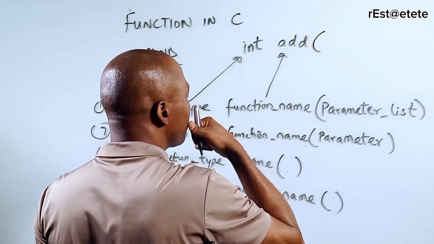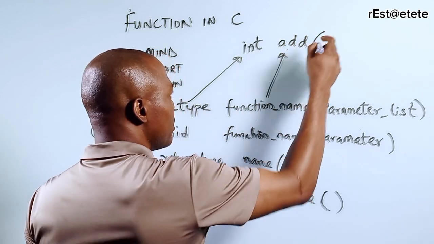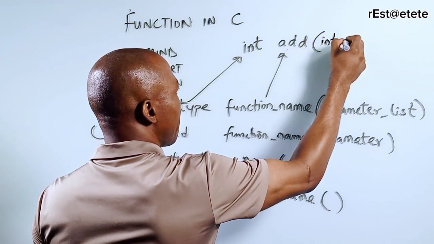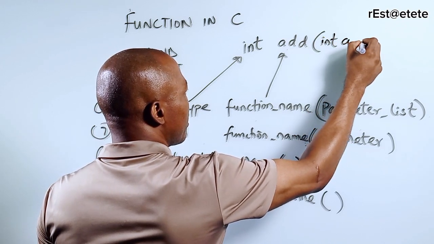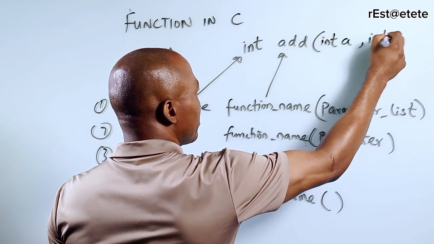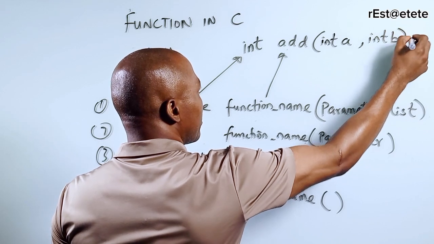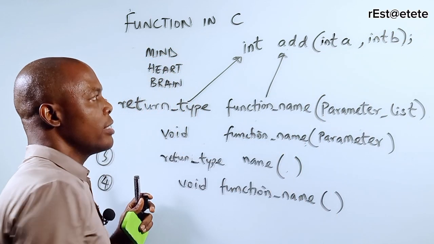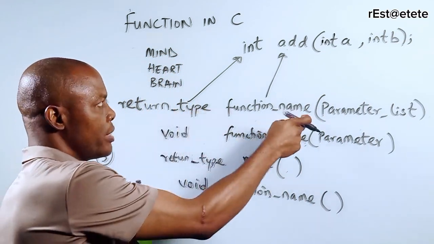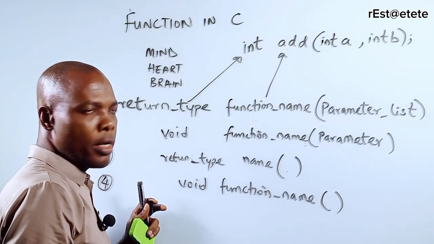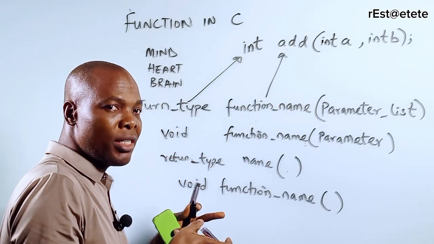And then what would be this? So int A and int B. So this is the declaration of my function. What I have written here is what I've just shown you. Is the declaration, that is, I'm creating the function.